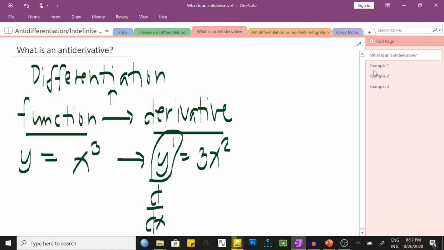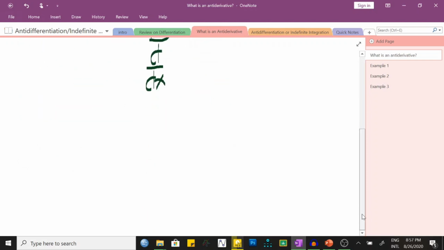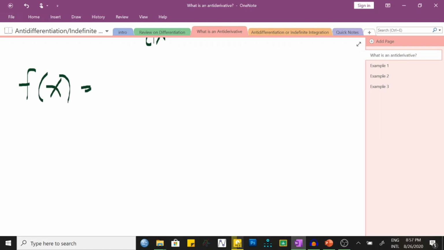This is what we mean by differentiation. You are given a function, compute for the derivative. What about if you are asked to compute for the antiderivative of a function? So for example, we have a function f of x equal to 3x squared.